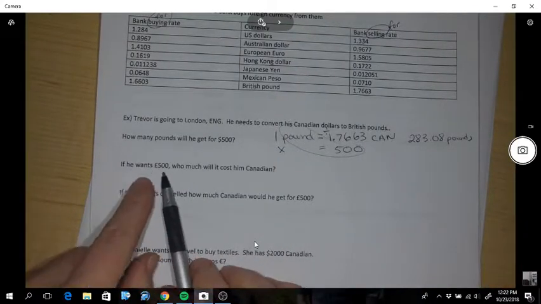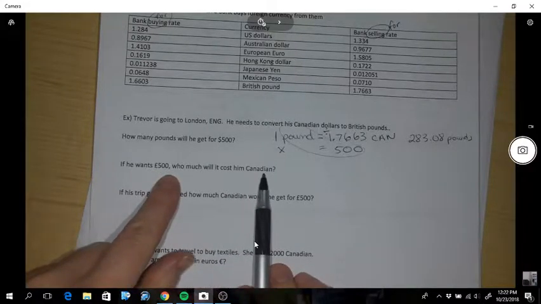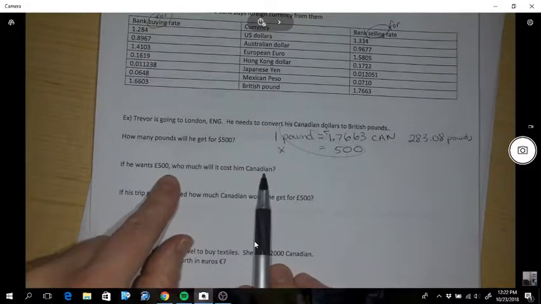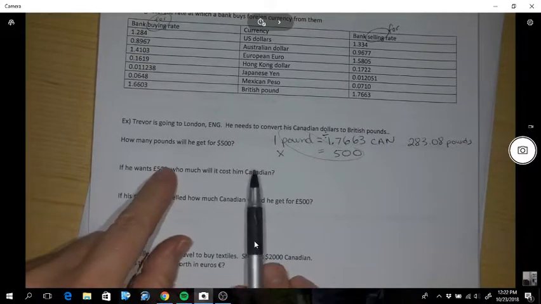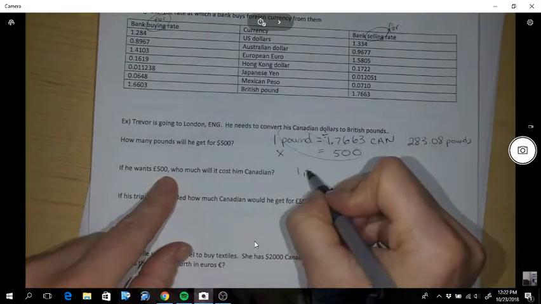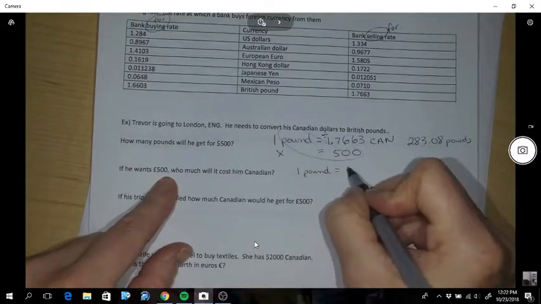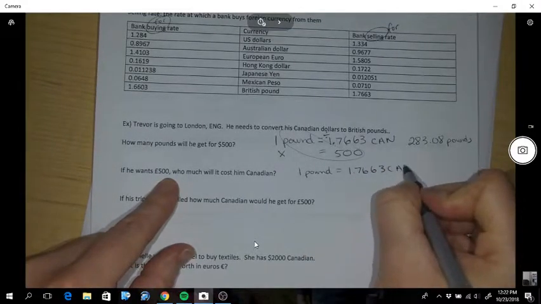Okay, so now he wants 500 pounds, so how much will it cost him Canadian? So ask yourself, would the bank be selling you or buying your foreign money? They would be selling you foreign money. So again, we're on this side. So 1 pound would cost you $1.7663 Canadian.